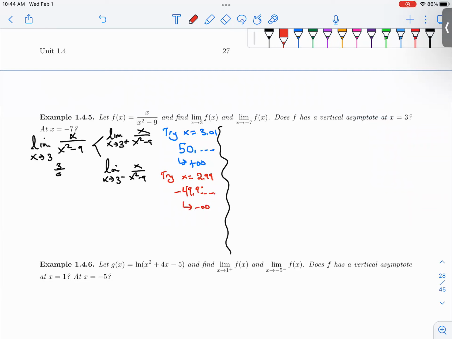So negative infinity. So the limit does not exist, but it does have a vertical asymptote. So the limit as x approaches 3 of x over x squared minus 9 does not exist, and f has a VA at x equals 3.